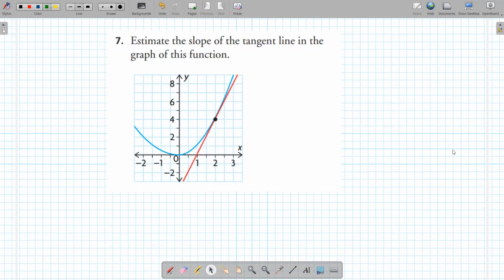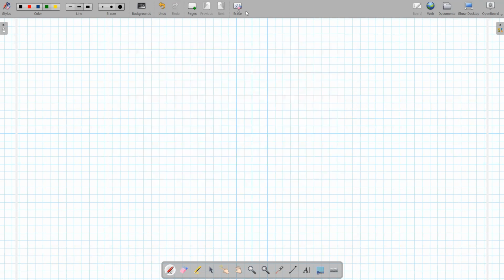What's the slope of the red line? Here, let me draw you the triangle. Run is 1 unit. How many units for the rise? 2. So what's the slope? 2 over 1. So it's just 2. That's it, and you're done. Easy peasy.